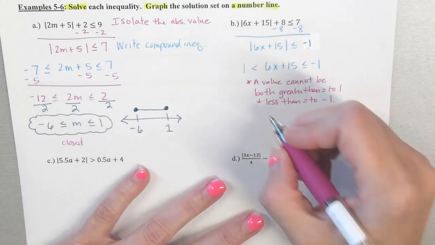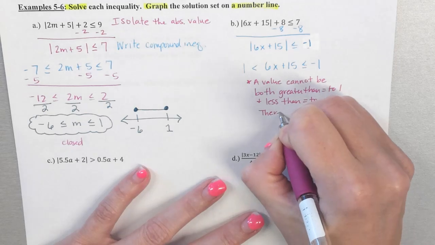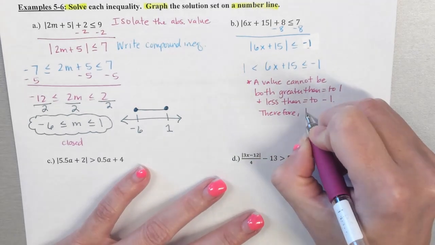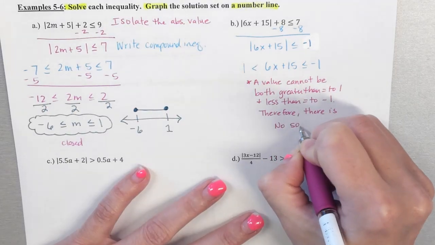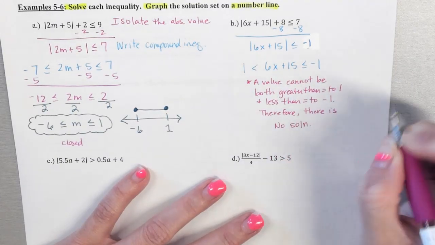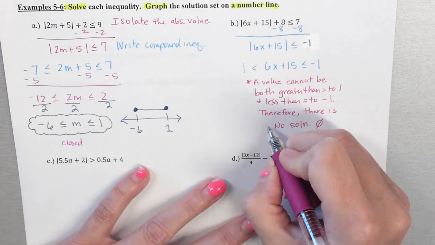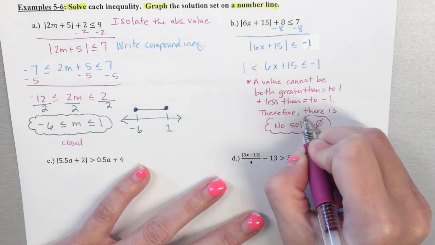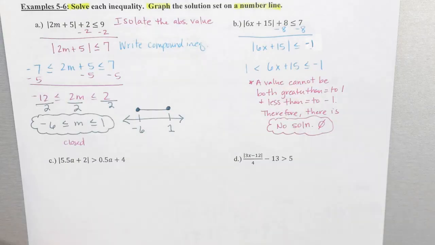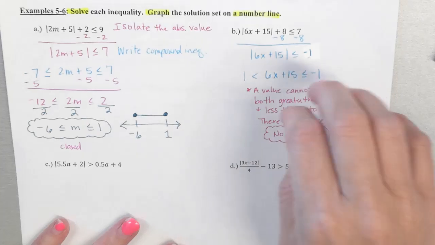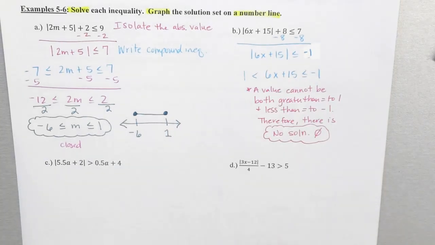Okay, so we're going to say, therefore, there is no solution. Okay, it is the null set. Okay, so if your setup does not produce a valid answer, no solution is going to be possible.